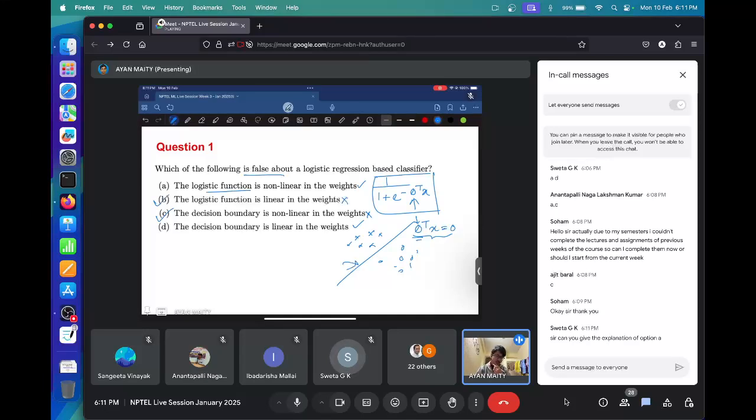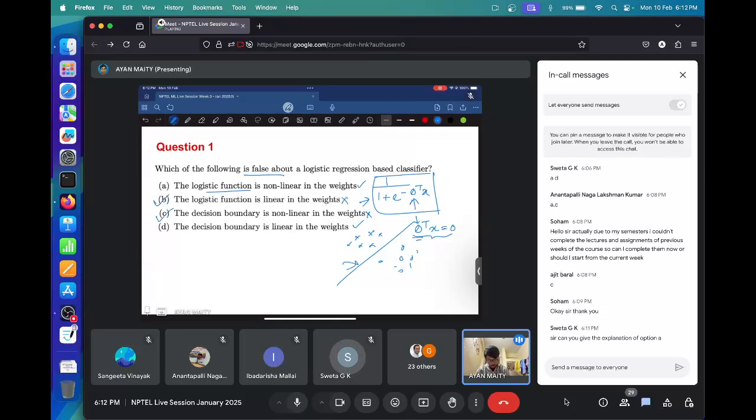Shweta is asking for an explanation of option A. Option A says that the logistic function is non-linear in the weights. The logistic function is given by 1 divided by 1 plus e to the power minus theta transpose x. This is certainly not linear; it is exponential, and then we are inverting it.